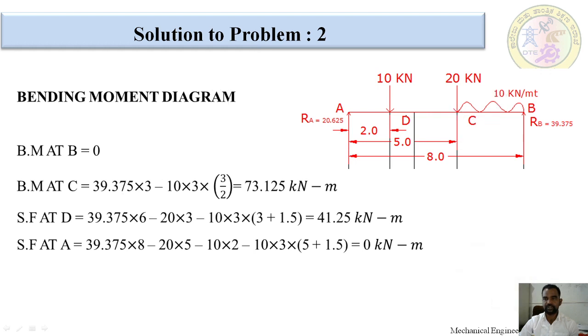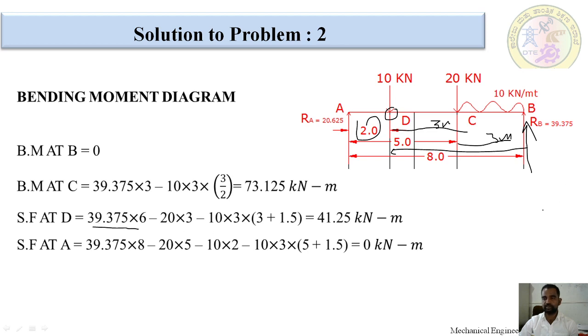After that we are going to calculate at the D point. At the D point, firstly this is positive, into this distance. How much? 3 plus 3 is equal to 6, because from here to here the distance is also 3 meter, and left with 2, is equal to 8. Total is 8 meter. Okay, 39.375 into 6. Why have we taken 39.375 as positive?